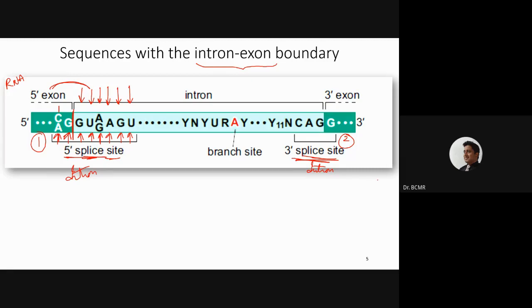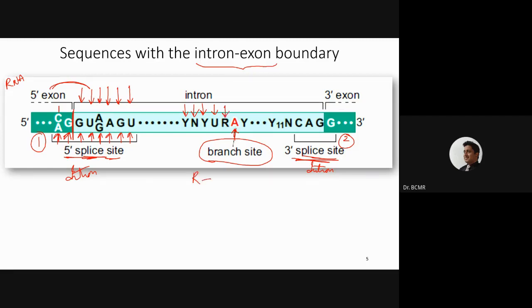Similarly, you also have one more point that is called the branch site. We will come to what it means. There is an adenine that is involved, and then here it could be any of the bases. I think Y is for pyrimidines, and R is for purines.